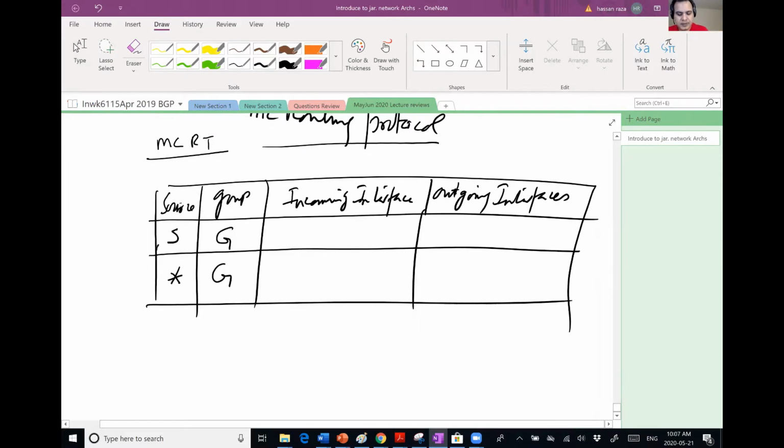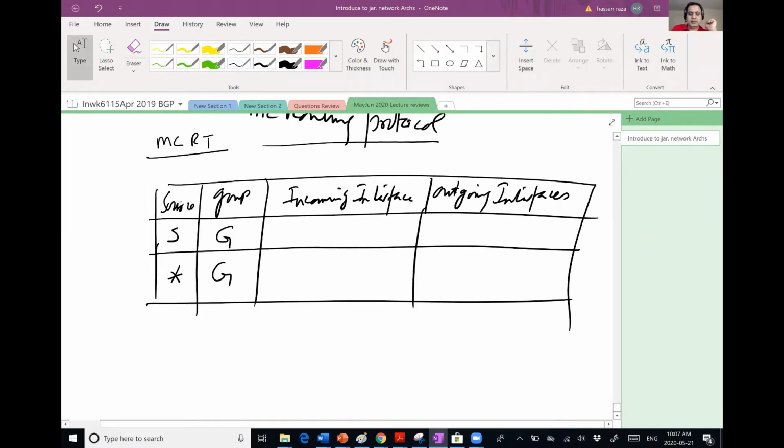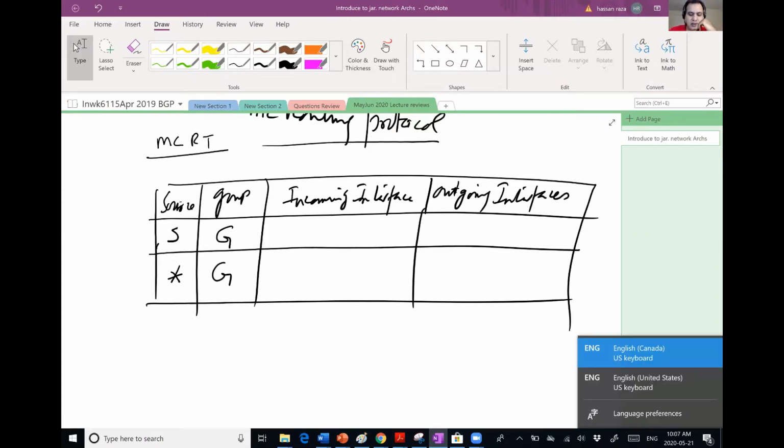So I may have, as I said, a multicast tree.